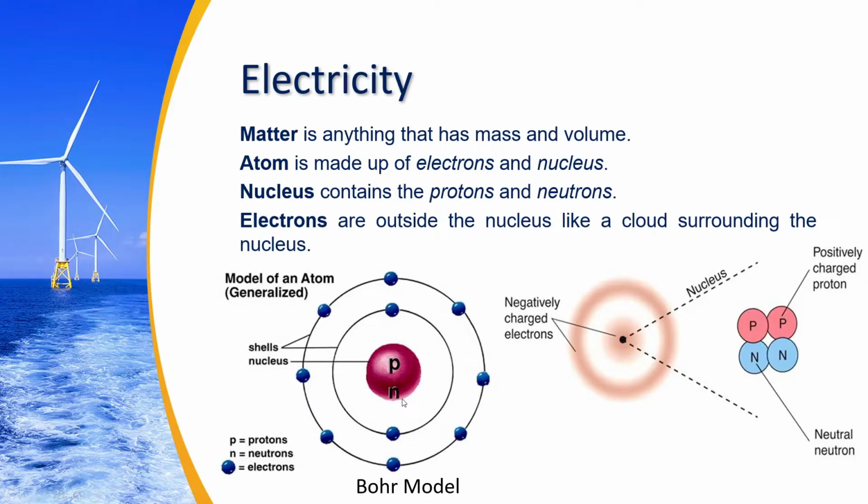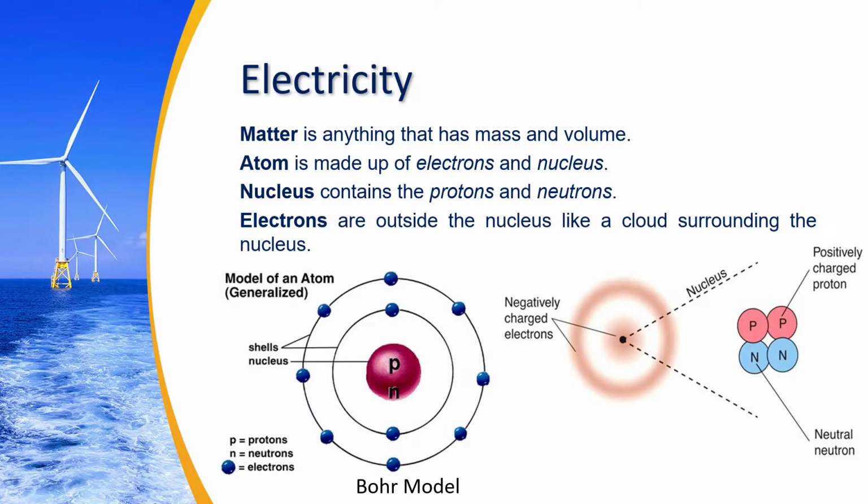So, ulit. The inner shell can hold 2 electrons. 2 electrons lang daw yan. The second can hold 8 electrons. The third can hold 18. And there are elements with all 7 known shells.